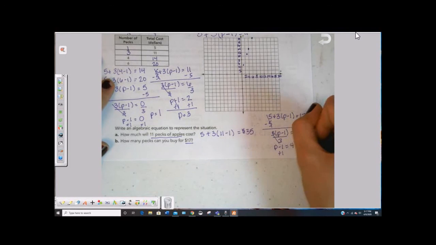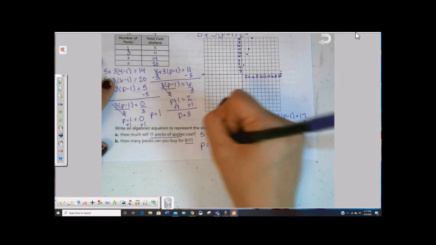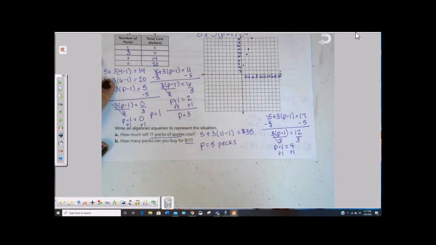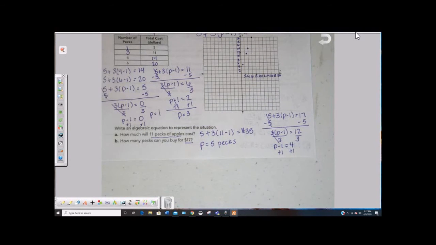Divide by 3 on both sides. And add 1 on both sides. So you have 5 pecks equals $17. And that is it for part 4.